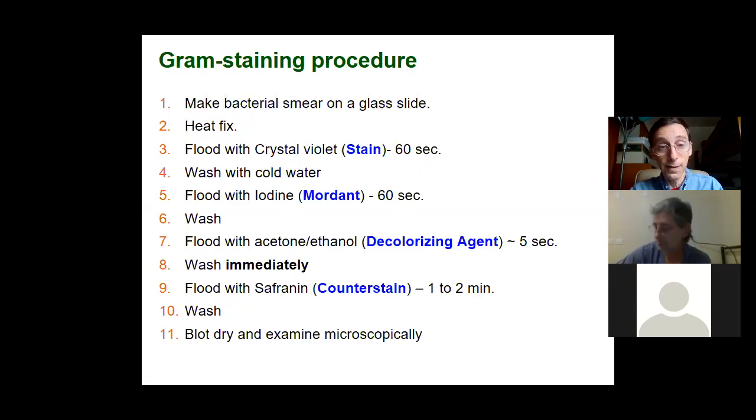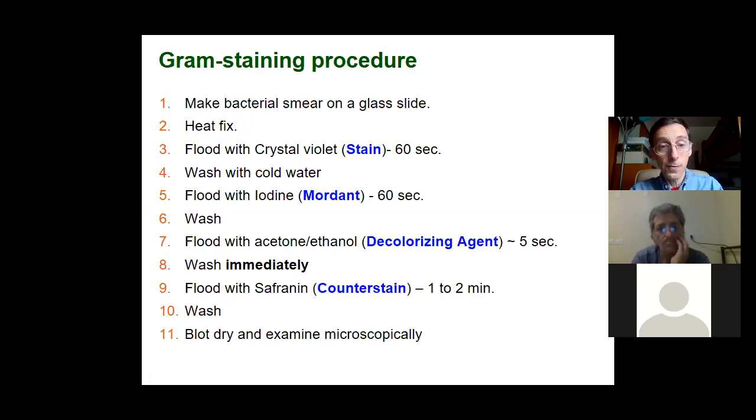We're using it as a mordant, and a mordant just intensifies the crystal violet. You flood the bacterial smear on the slide for 1 minute with the iodine, and then you do your water wash to remove the iodine.